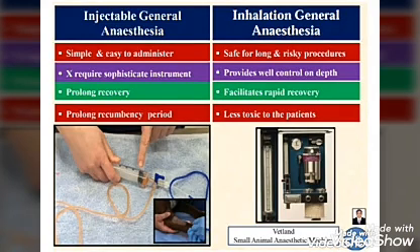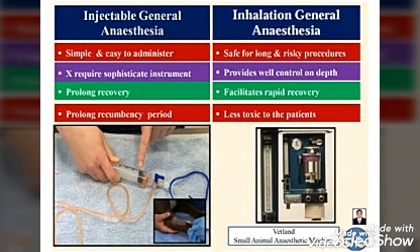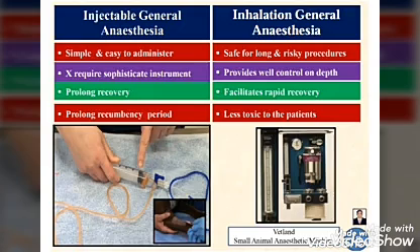Another disadvantage is that small animal anesthetic machines are costly instruments, nearly 10 lakh rupees, which is a limitation for field conditions. Finally, one more disadvantage is that it pollutes the environment, specifically the halogenated agents, so a powerful scavenger system is required.